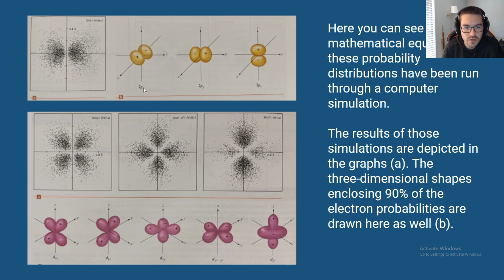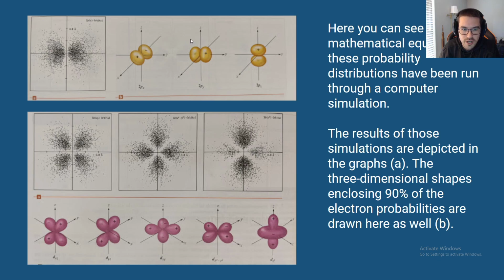I know this is really hard to read, but there can be a p orbital in the x orientation, y orientation, and z orientation. Think of it as like 3D, right? There can be an orbital that points this way, and then this way, like the 3 dimensions of space.